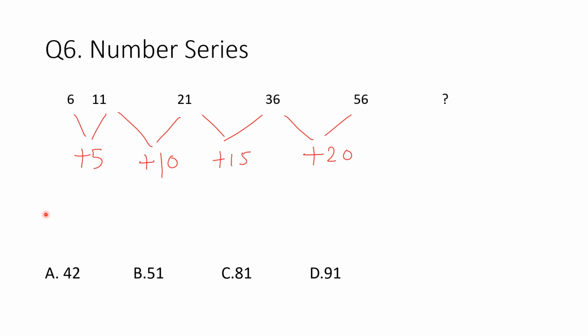Does this ring any bell to you? Plus 5, plus 10, plus 15, plus 20. So next should be, think of it. Yes, plus 25. If you add 25 to 56, you get the answer as 81, and it is there in the options. So definitely C, 81 is the answer.